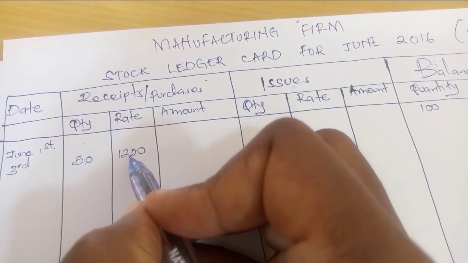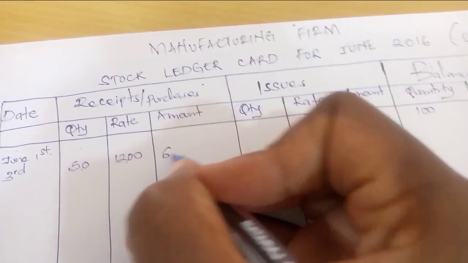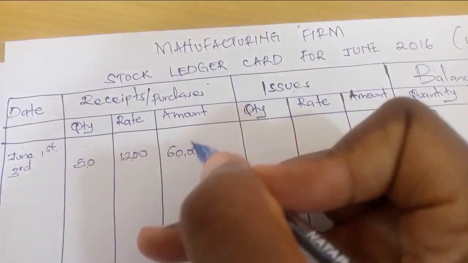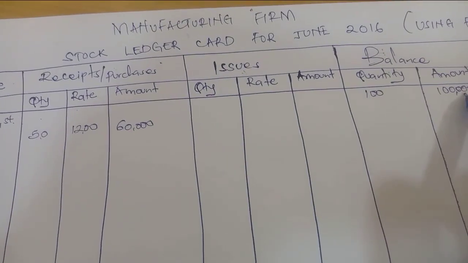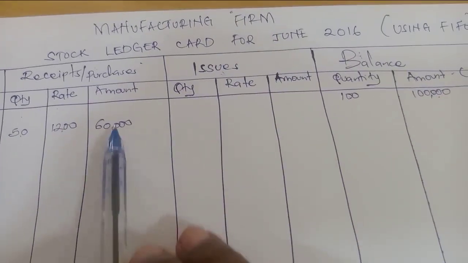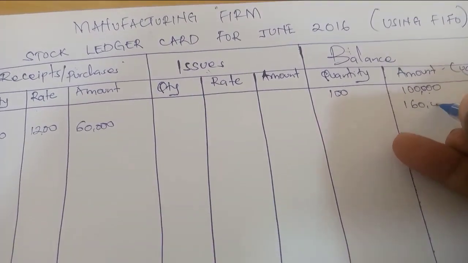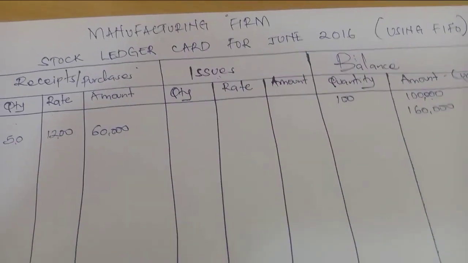So this times this, what we get is 60,000. So that becomes the amount. Then the balance here is going to be 100,000 plus the 60,000, so it will be 160,000.